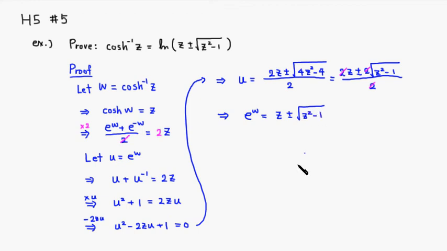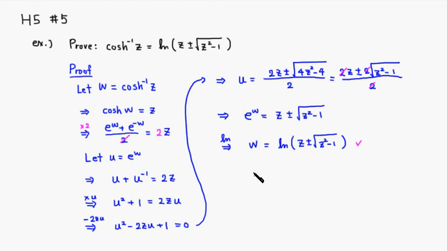Since we're looking for w, we have to isolate w, so we take the natural log of both sides. Then you get w equal to natural log of z plus or minus the square root of z squared minus 1, which is exactly what we're looking for.